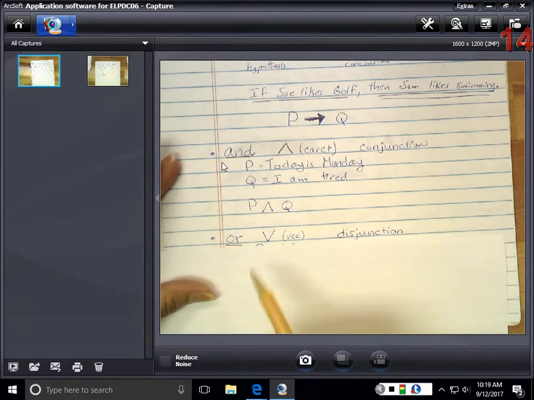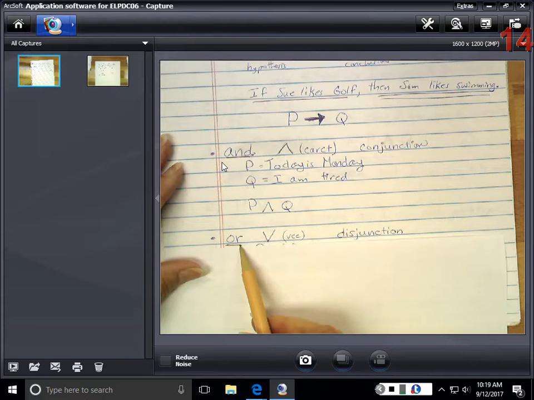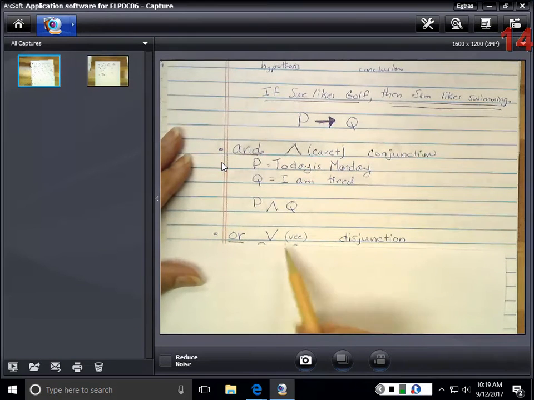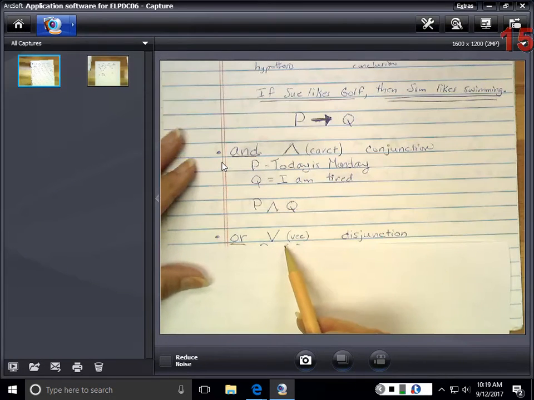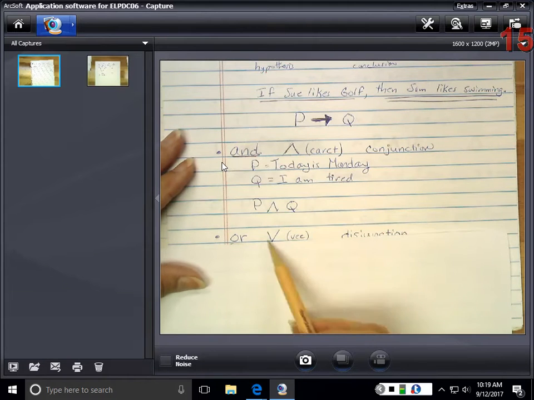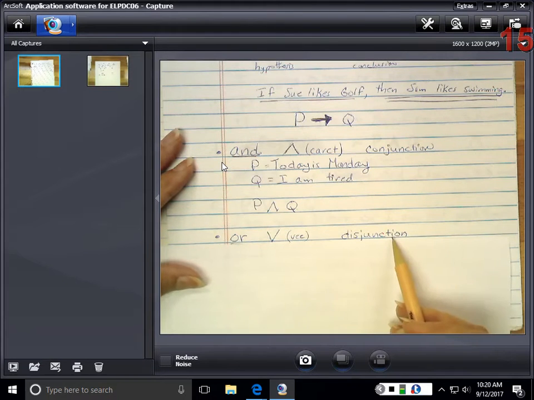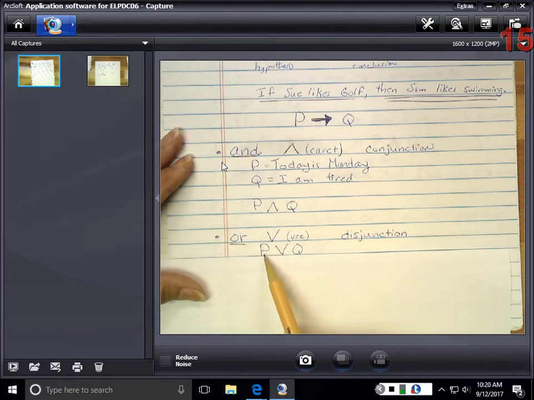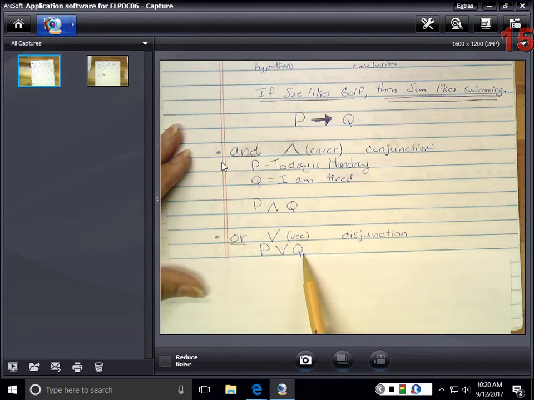Okay, we have another one called an "or." And it is a V. Okay? So the "and" is this way, the "or" is this way, and it is called a disjunction. If I have this, it means P or Q. Wouldn't that be kind of a hypothesis then? Mm-hmm.